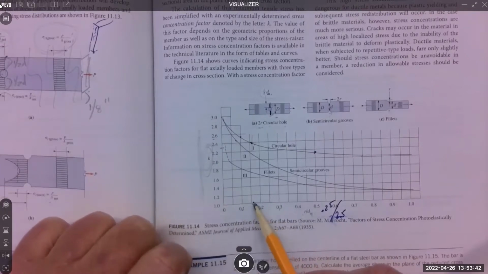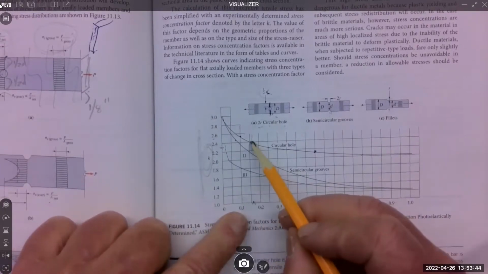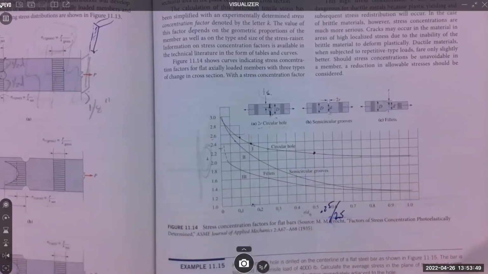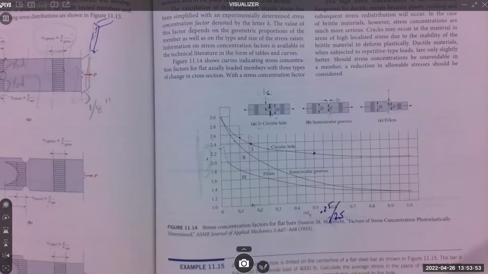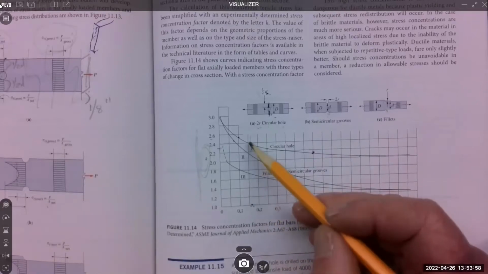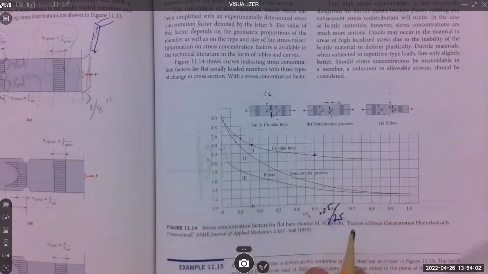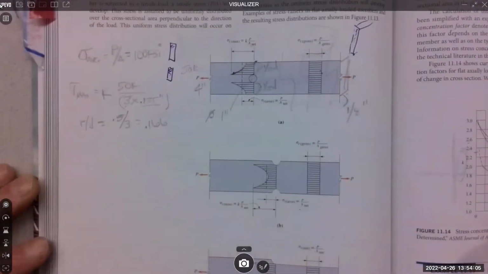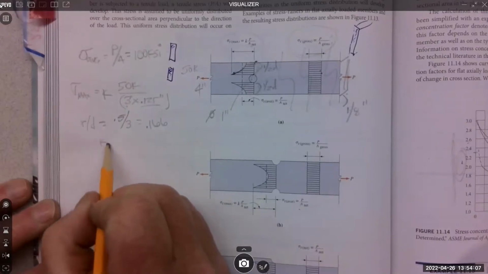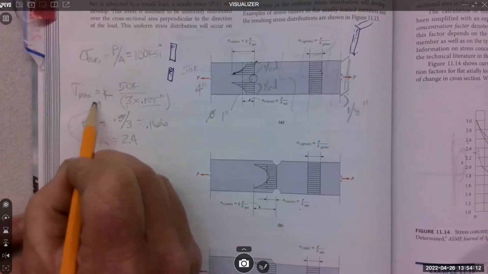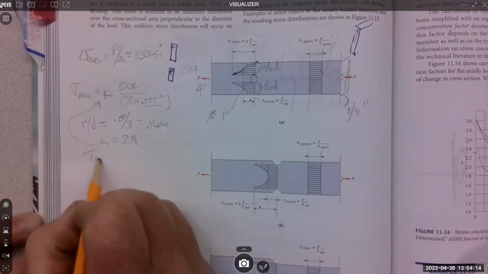But I put 0.16 right here, which is darn close to 2.4. So I just went with 2.4. That's my K factor. So from R to D, up to the correct graph, over to get K, 2.4. And that plugs in right there to get the stress max.